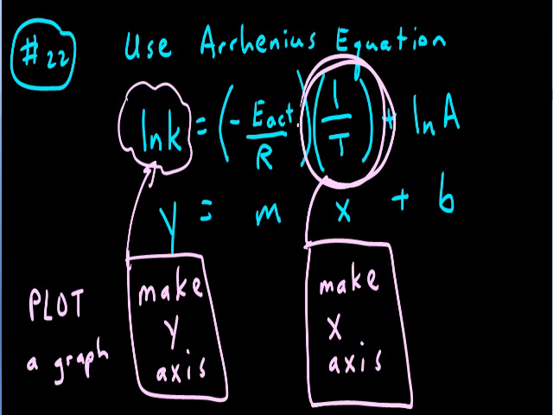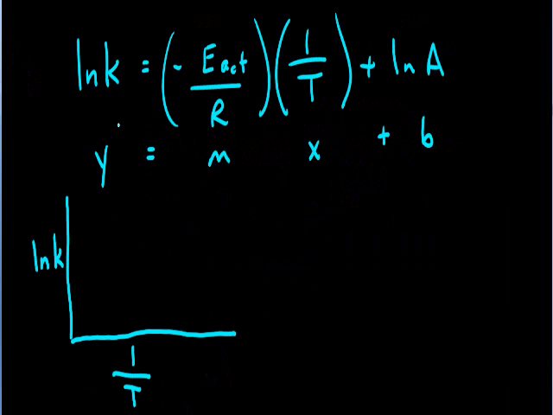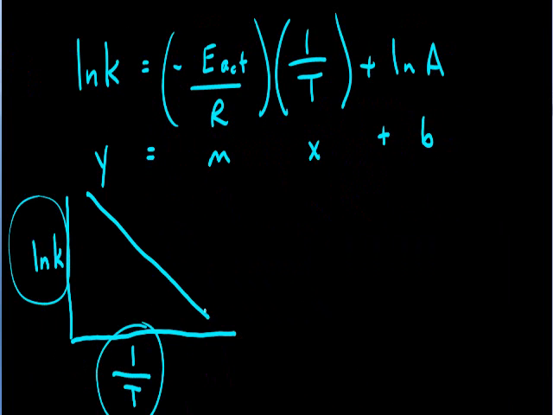By making our plot where our y-axis is the natural logarithm of our rate constant k and our x-axis is 1 over temperature, the slope of our line would be equal to negative energy of activation divided by R. By making this plot, we'll produce a linear relationship.